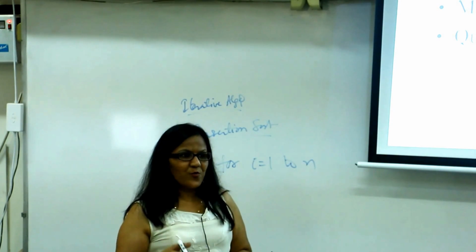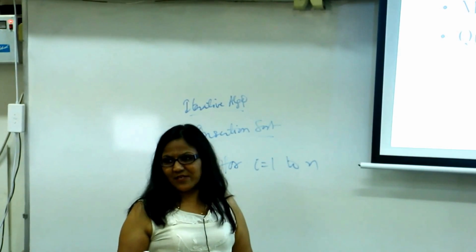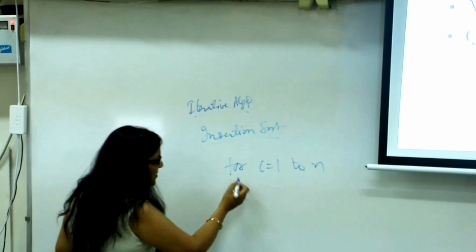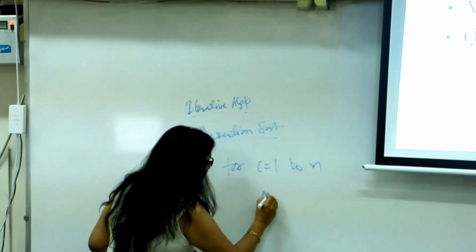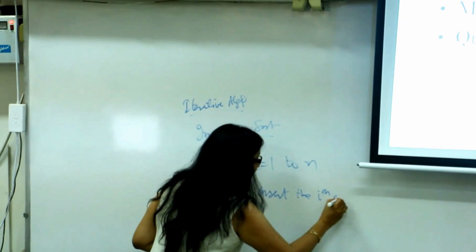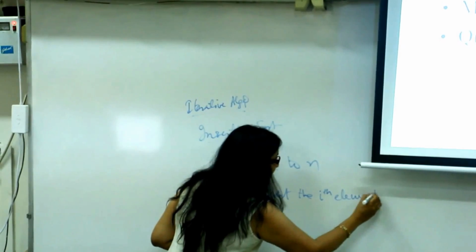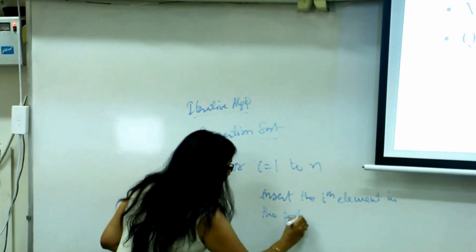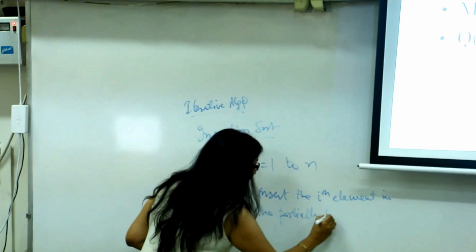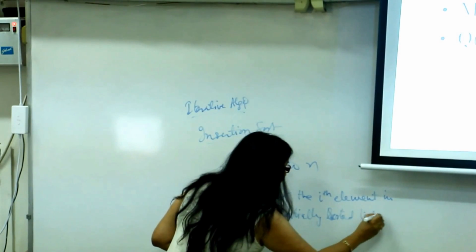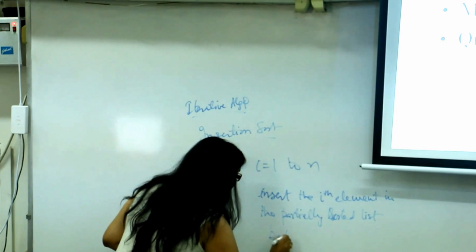I don't need to talk about for i equal to 1 to n, etc. Okay, for i equal to 1 to n, insert the ith element in the partially sorted list before it.